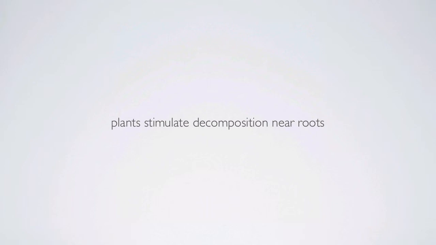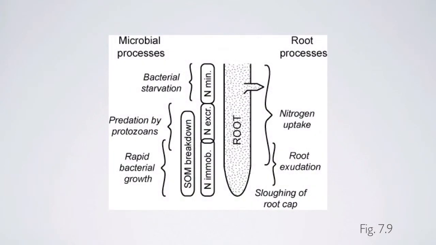And plants can stimulate decomposition near their roots. Here is a diagram that shows root and microbial processes in the rhizosphere and the impacts on soil organic matter breakdown and nitrogen dynamics. So as a root grows through soil, it tends to have a cap that protects the root tip as it pushes its way through soil.